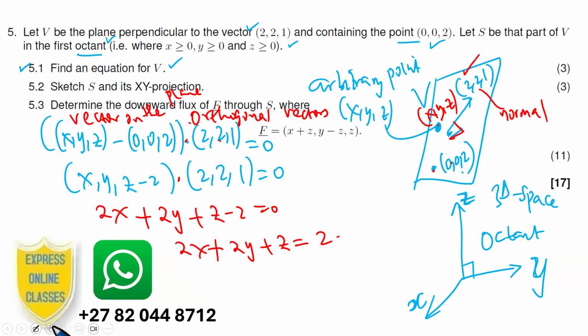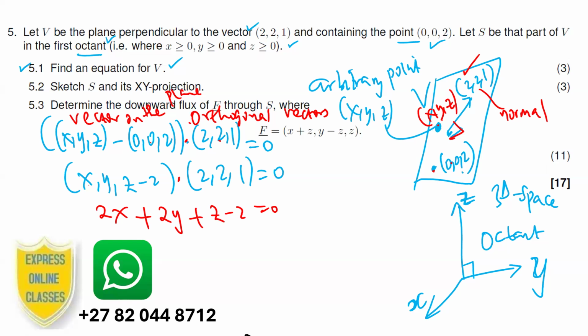You can write it like that, or you can leave it this way. We found the equation of this particular plane.